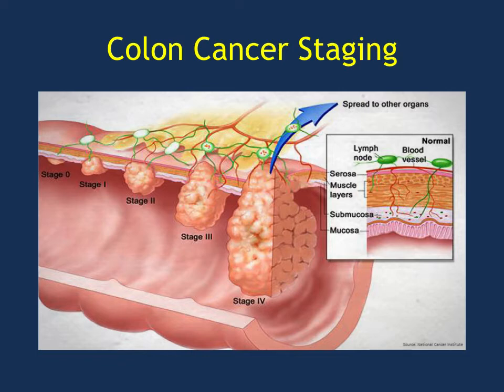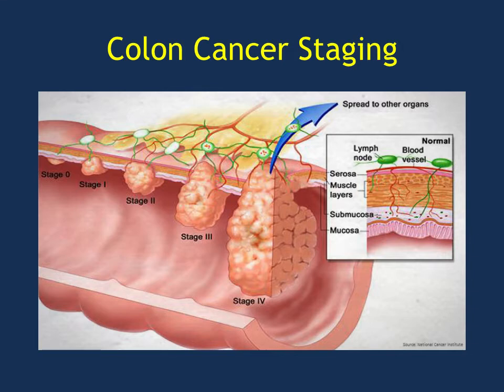So that's T1, 2, 3, 4. And for stage 1 and stage 2 cancers, those are the tumors that have just the primary tumor detected. Once they've spread into the lymph nodes, the N stage, then it becomes a stage 3 cancer. And stage 4, obviously, are the ones that have spread into distant sites, most commonly the liver, since it is the drainage basin from a hematologic standpoint.